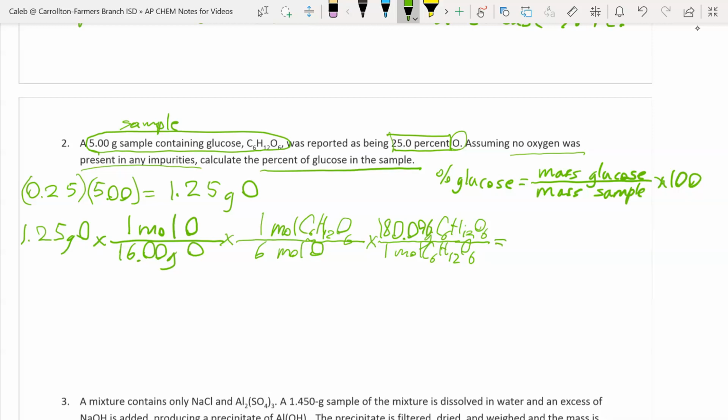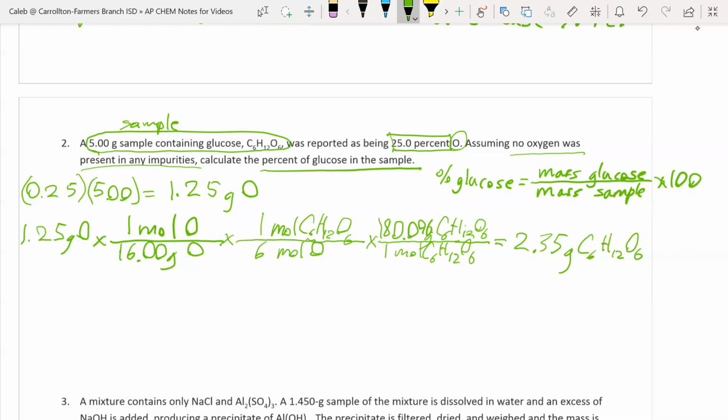So then we just plug this all into the calculator. 1.25 times 1 over 16 times 1 over 6 times 180.096 over 1, and I end up with 2.35 grams of glucose, C6H12O6.